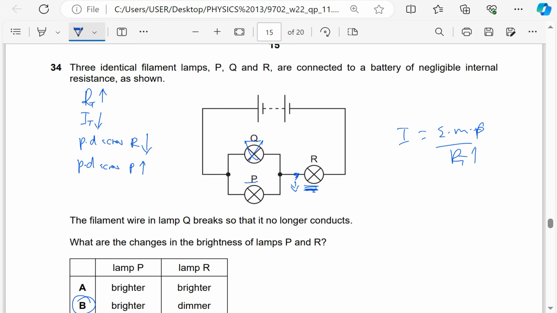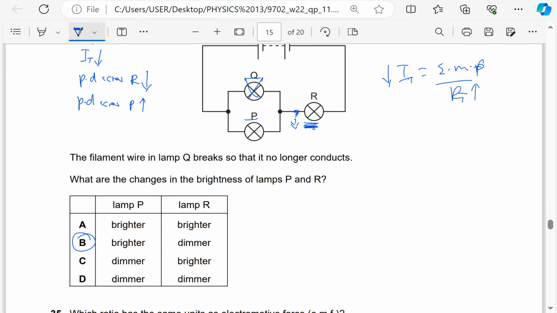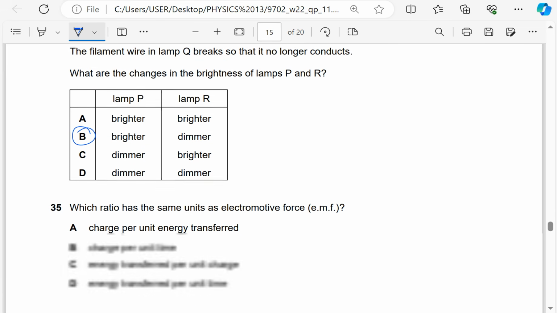Total resistance has increased because the one which was reducing the resistance has blown out. So total resistance increases, total current decreases. That means the current which goes through R, which was in series with the battery, decreased. That means the PD across R decreased, which means by conservation of energy, the PD across P increased. So P becomes brighter as R becomes dimmer.